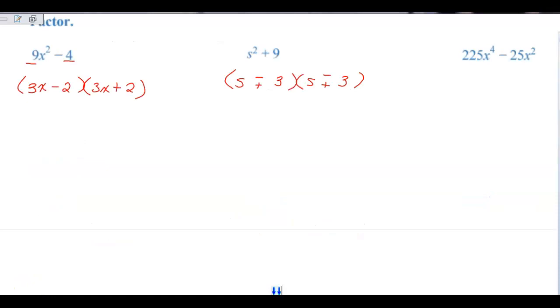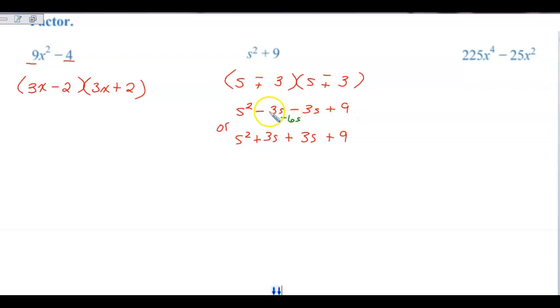If I were to factor this, or go ahead and multiply this out and find the product of this setup, let's see what we get. If I go ahead and FOIL these, I get s squared, and if I use the minus, I get minus 3s, which we know that if I do that, I'm going to get minus 6s plus 9.